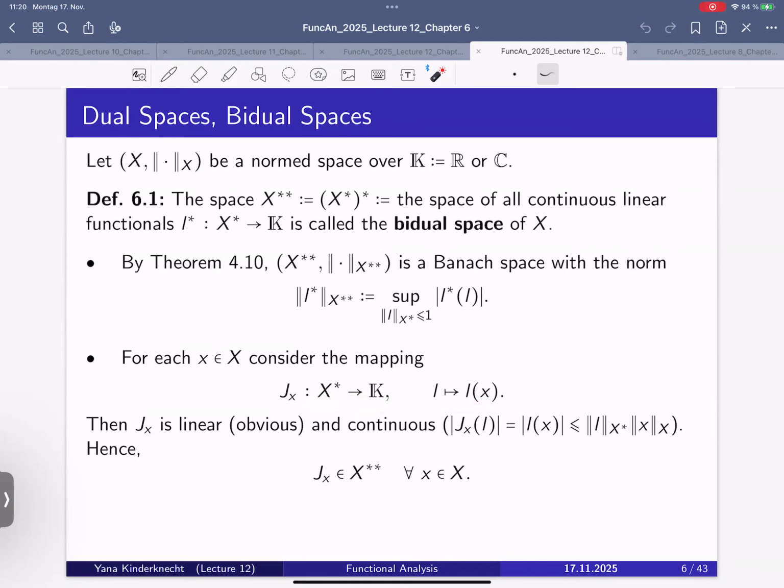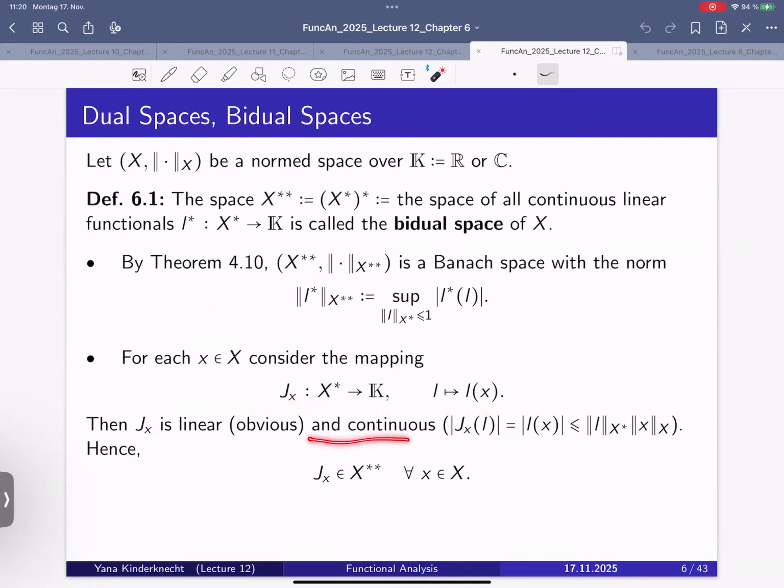So we fix a point x in X, and we consider this mapping, which takes any continuous linear functional L from this space and evaluates this continuous linear functional at the point x. Then the statement is that this mapping is a linear mapping. I hope it is obvious that this is a linear mapping.